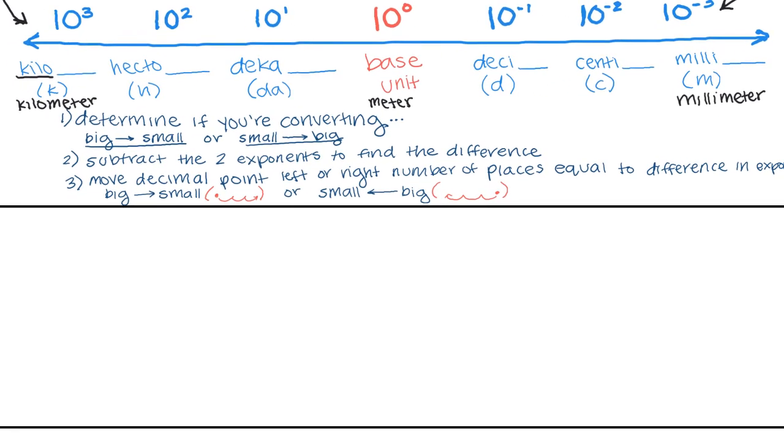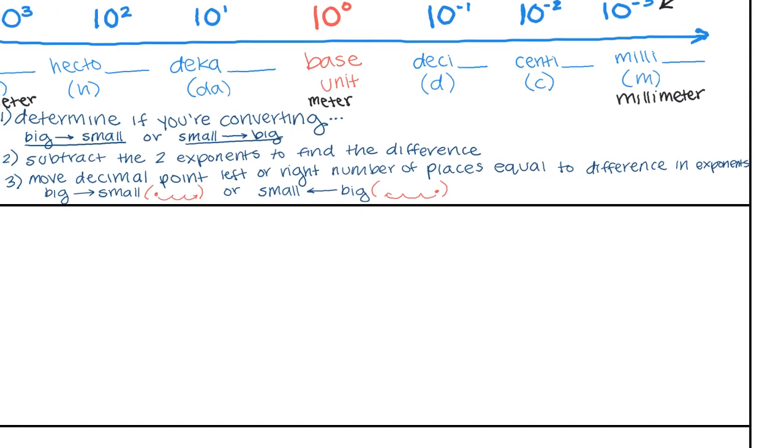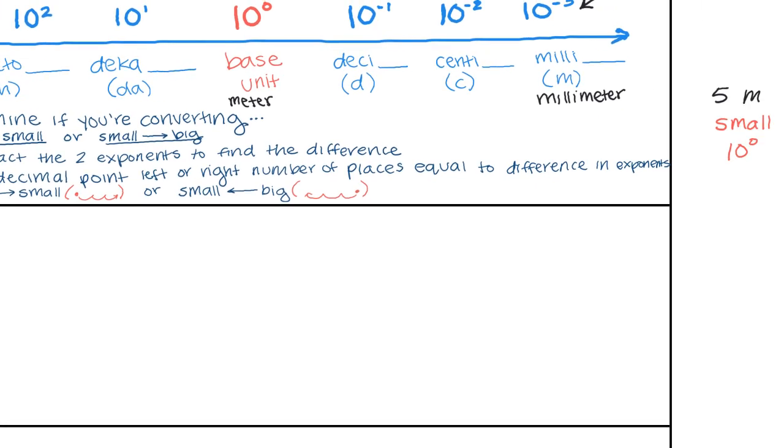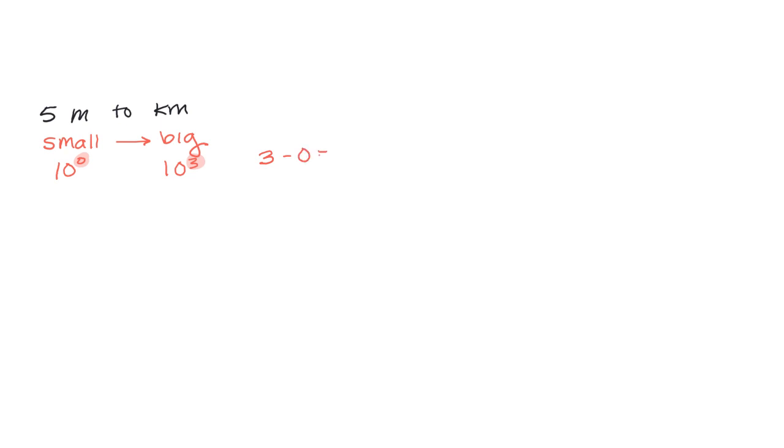The third step is to move the decimal point left or right to the number of places equal to the difference in the exponents. Okay, so if we are trying to find the difference between 0 and 3, I'm going to subtract 3 minus 0. That is a difference of 3 exponents.